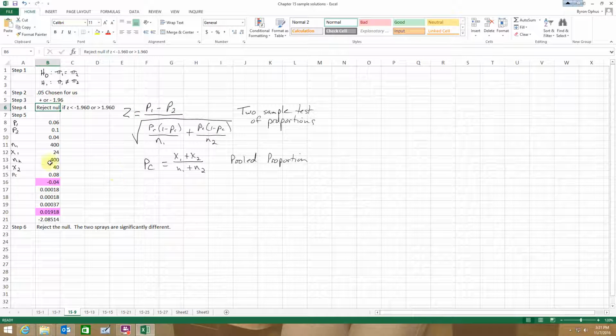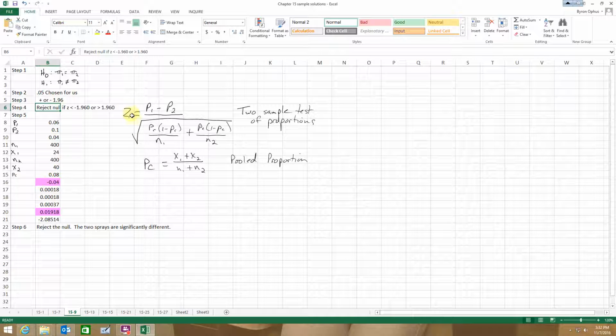The formula is the same, and I'm not going to walk you through all those things, except in this case I have to calculate my proportions, and you will too. The number of vines in both cases is 400, so my n1 and n2 are both 400. My x1 is 24, my x2 is 40. So my proportion 1 is 24 divided by 400, or 0.06, and my proportion 2 is 40 divided by 400, or 0.10.